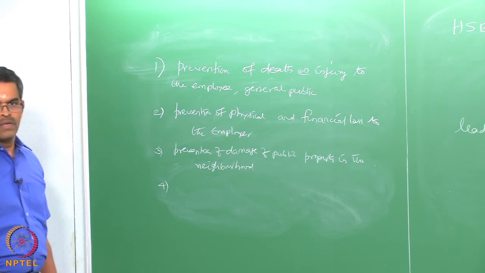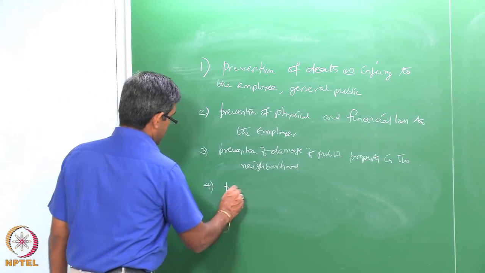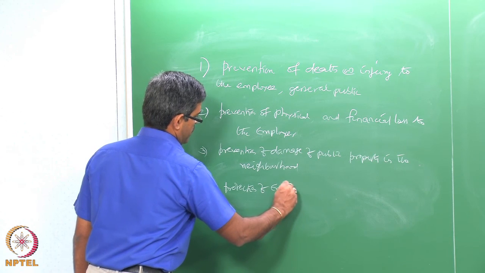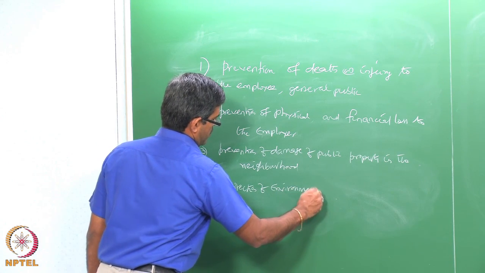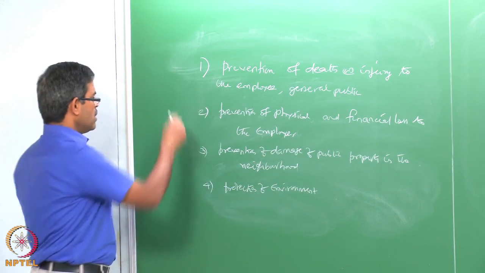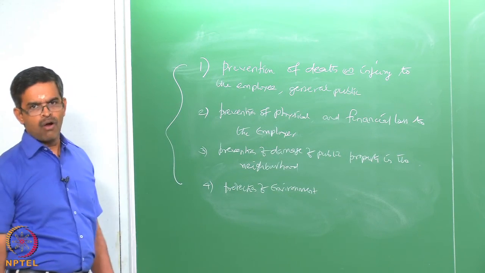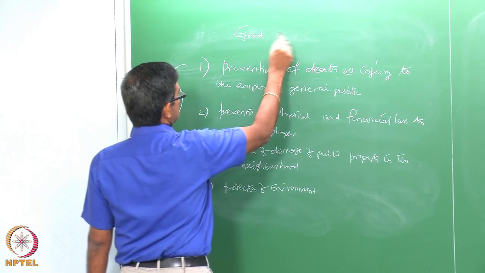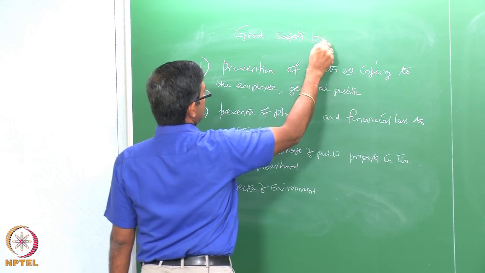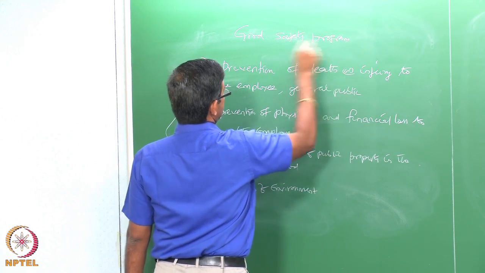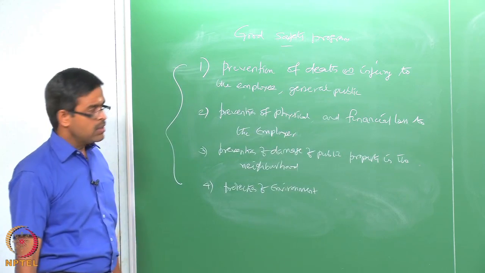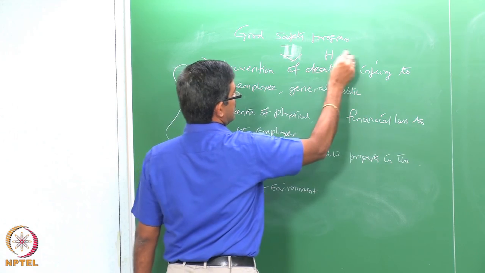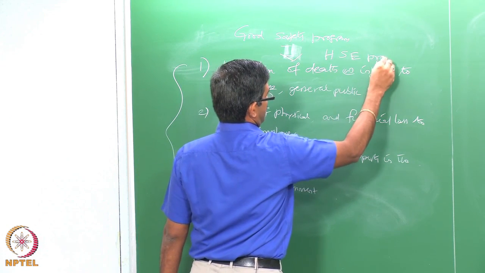Fourth, protection of environment. So, all these could be objectives of a good safety program. Therefore, they are the primary objectives of any HSE program.